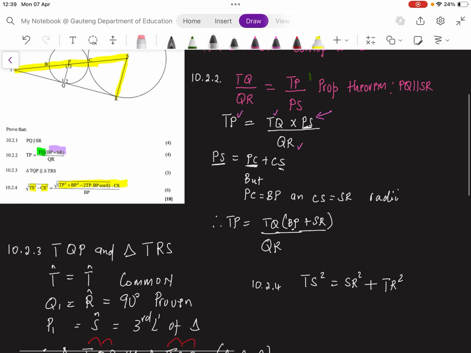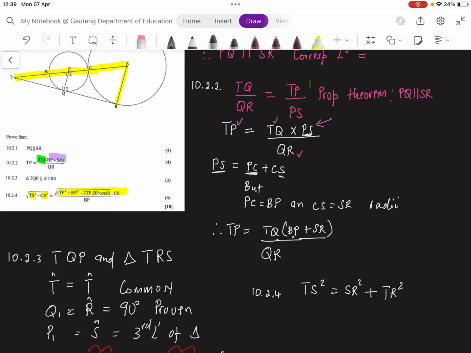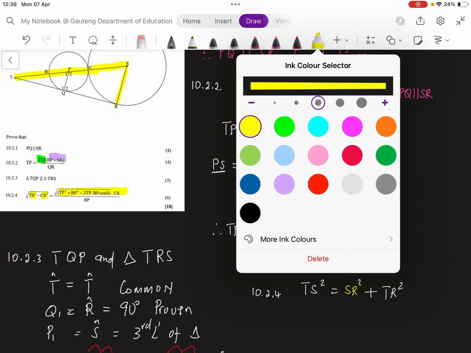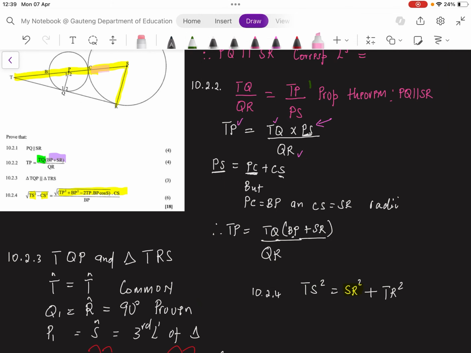Now, instead of SR, I can put CS, because SR and CS are equal.